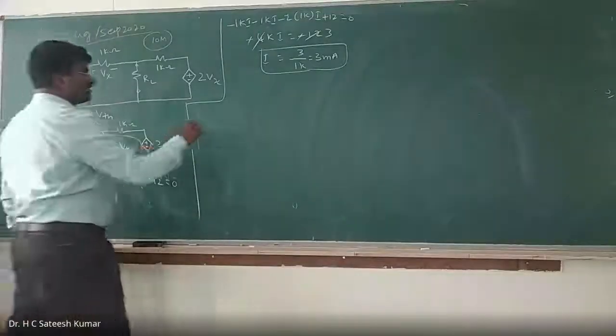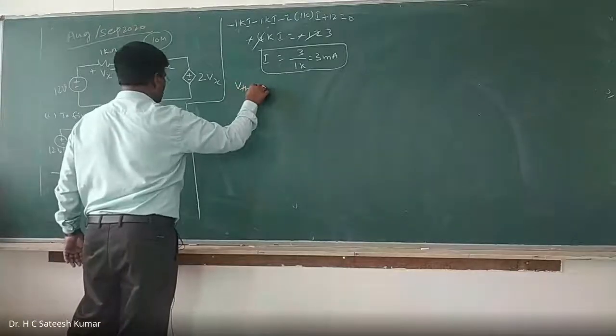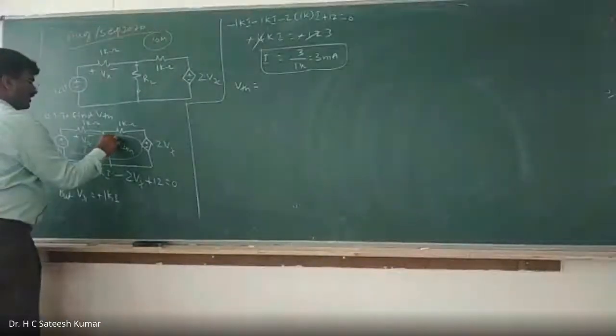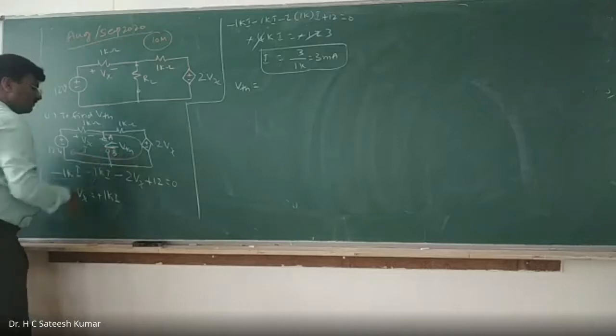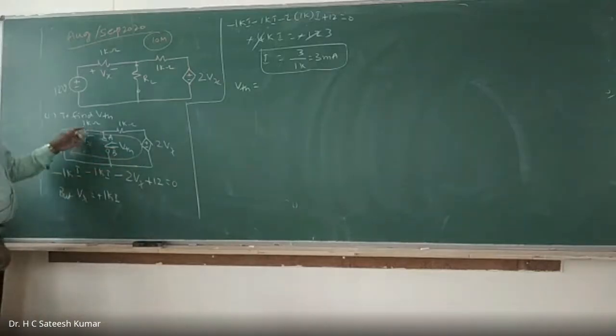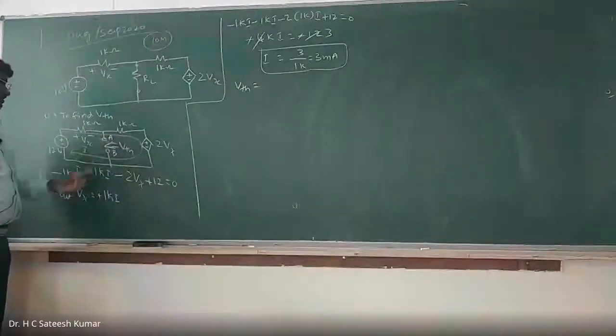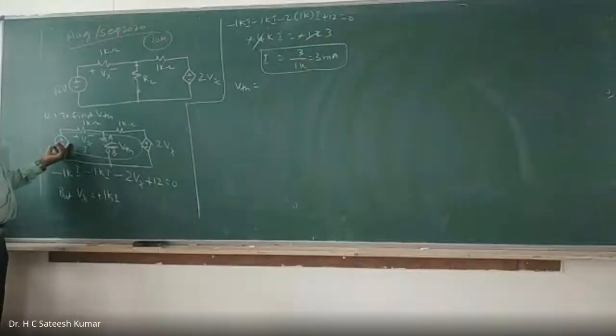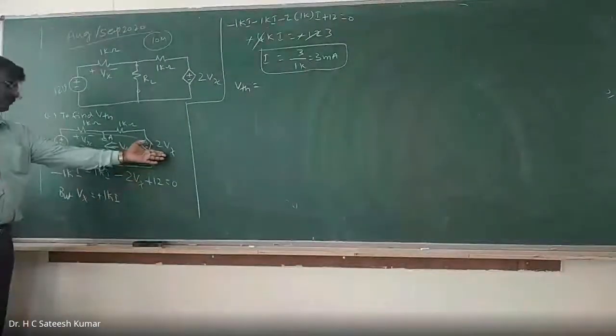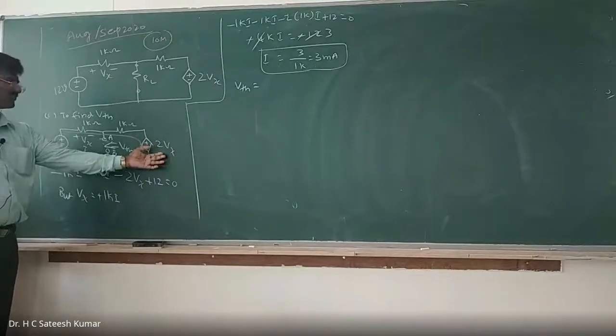Therefore, VTH is equal to what? This is your terminal A, this is your terminal B. B to A we should go. Either you go this way or that way, anything is fine. I'll go this way. This is easy because no dependent source is there in this path; only the independent source is there. Otherwise we'd have to substitute for Vx, and then also you'll get the same answer. But I'll go the easy path.